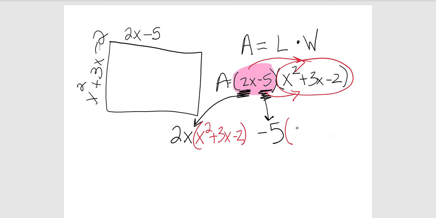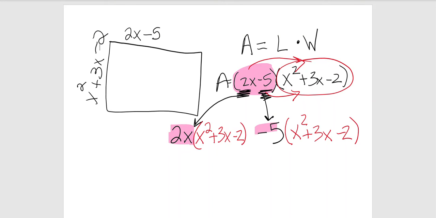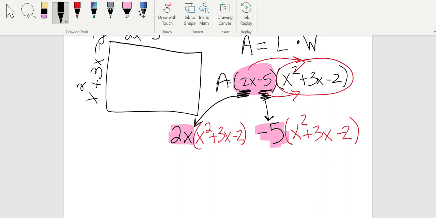So negative 5 times x squared plus 3x minus 2. So you can see how, because we have a binomial as our first factor, I had to separate the binomial into two terms and show that I'm multiplying each of those terms by everything in the next parentheses.